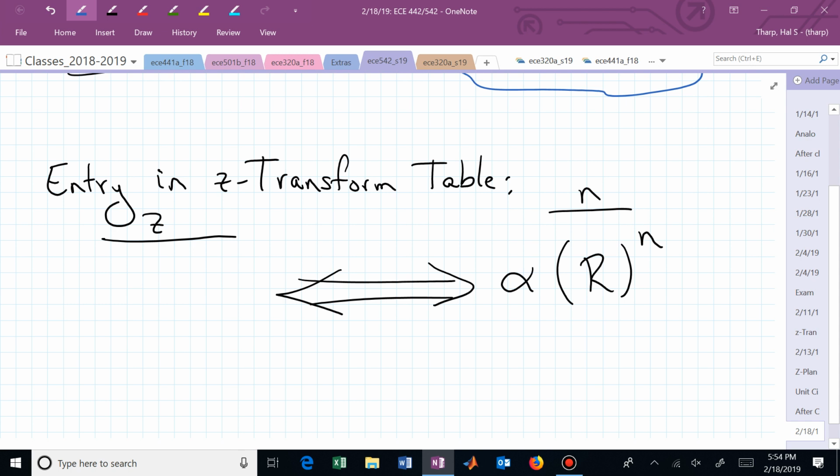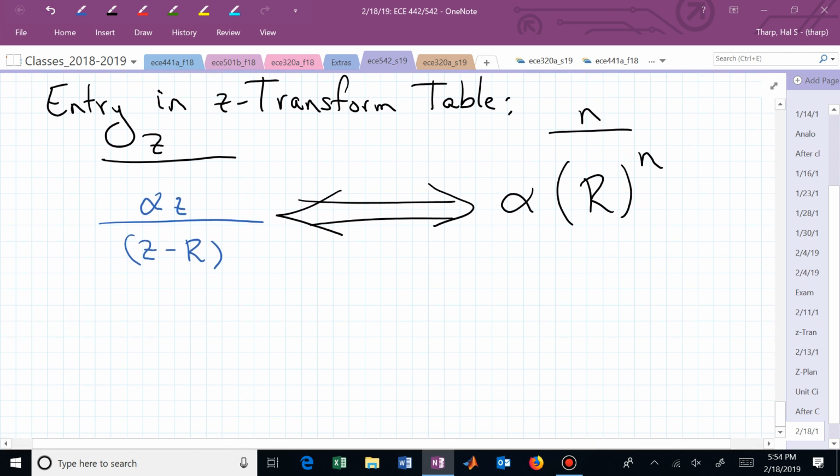What's the denominator? We said the denominator is such that if we have a pole, then that gives us our mode, R. That denominator then needs to vanish when Z is equal to R. And if we're now writing this in terms of positive powers of Z, we would actually have a Z in the numerator, and we would scale it by the same factor alpha. Okay, so this is now what we would expect to see in our Z transform table.